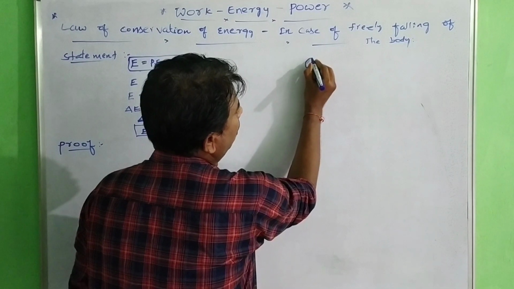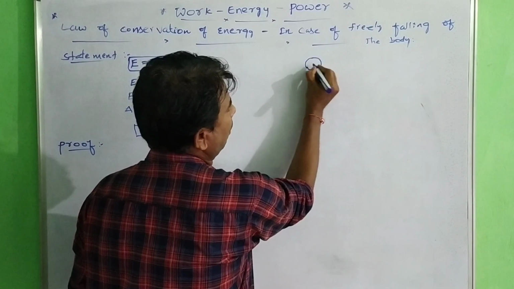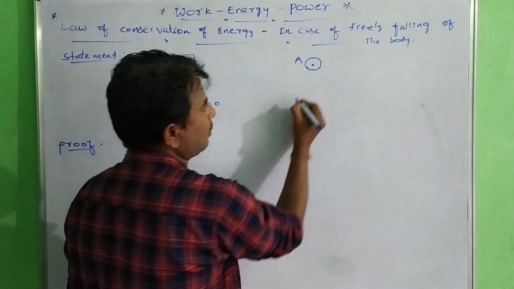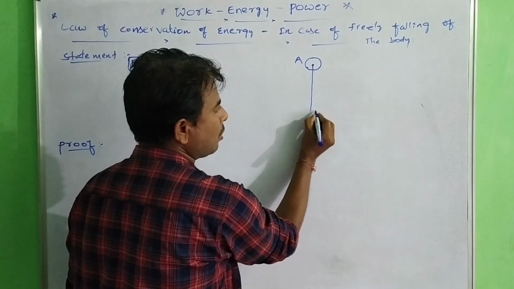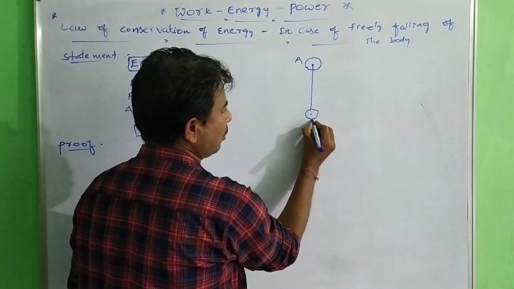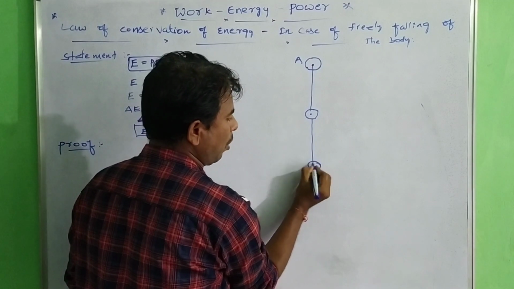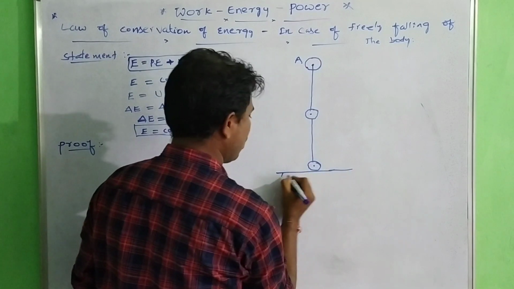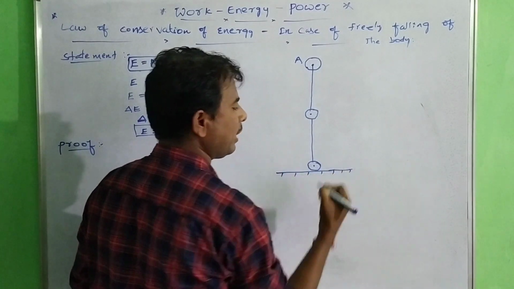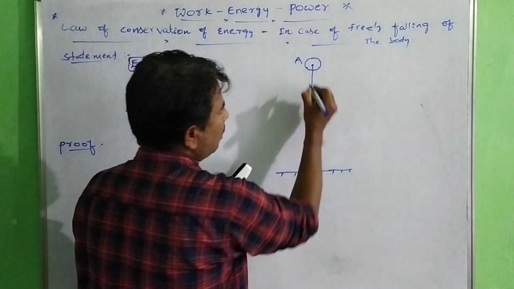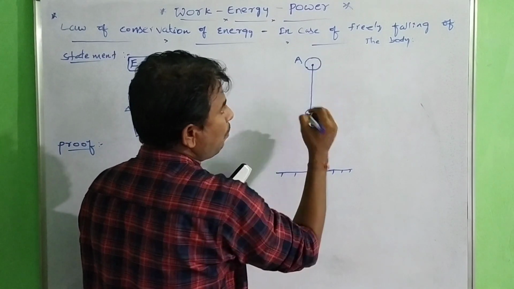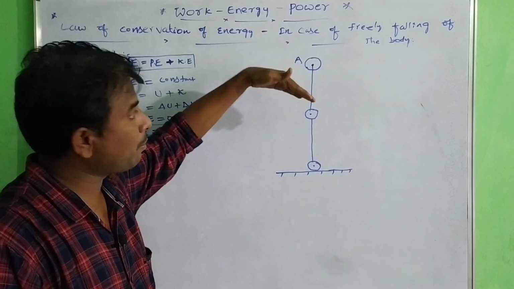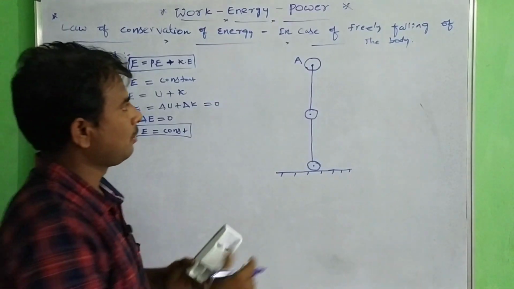For more information, in the diagram, first one is point A, second one is point B, third one is point C. This is ground level. A ball or body of mass m is placed at a certain height from the ground.